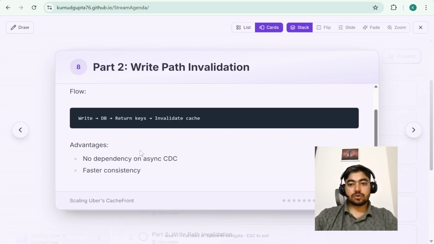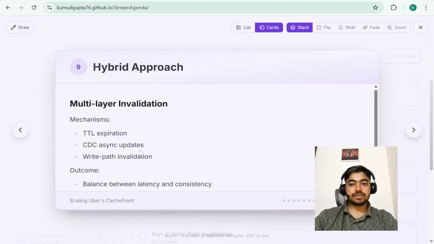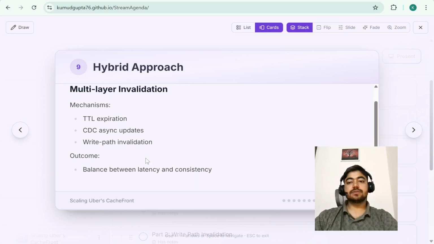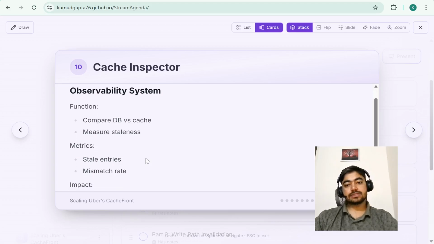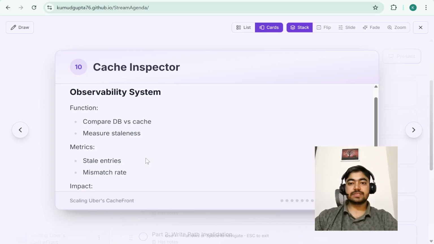But they didn't stop here. They combined multiple strategies, like TTL expiration, CDC based async updates, and write path invalidation, and this hybrid approach gives them the best combination of latency and consistency. To make things even better, they built a system called Cache Inspector. This is an observability platform which compares the database value with the cached value and measures the staleness.